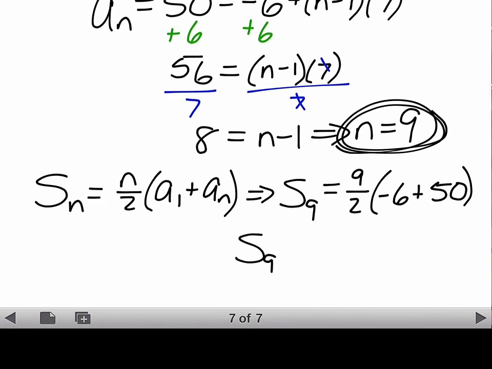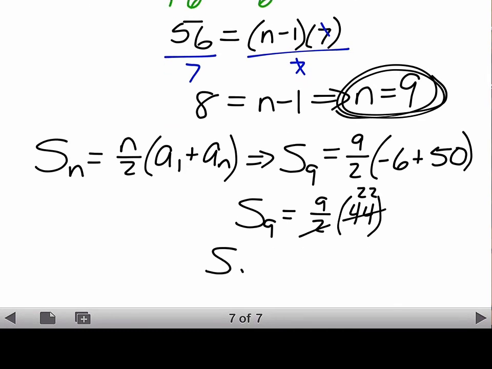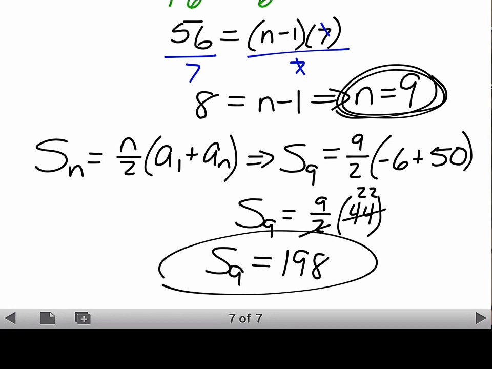So s sub 9 is equal to 9 halves, don't go decimal or anything until you know you have to, times 44. Since 2 divides into 44 22 times, the sum of the first 9 terms is 198.